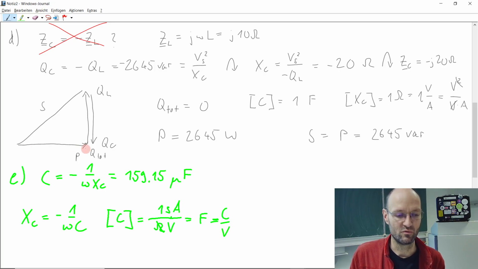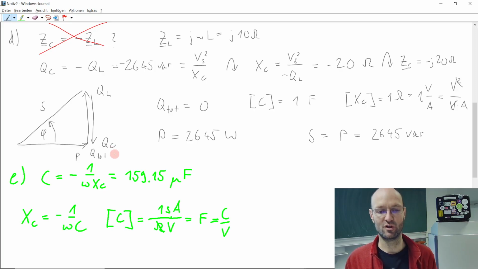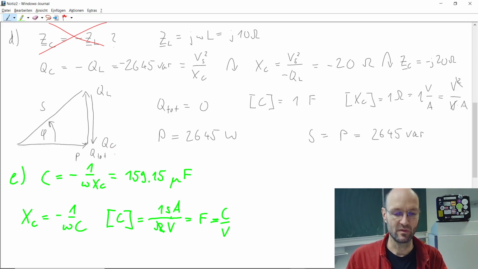But real power, reactive power of the inductor, negative reactive power of the capacitor, total reactive power is 0. And here we have also the phi angle that we had before. And so the compensated phi angle is also 0, because we have no reactive power anymore after the compensation.